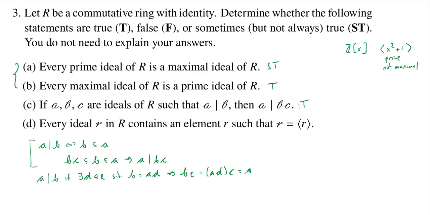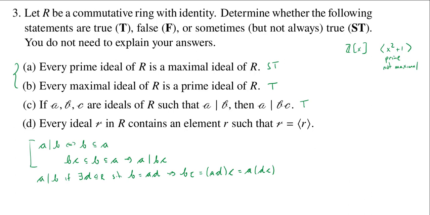So we could rewrite this as A times D times C. I've now shown that BC can be written as A times an ideal. So once again, we get A divides BC. Cool, so that's a true statement.